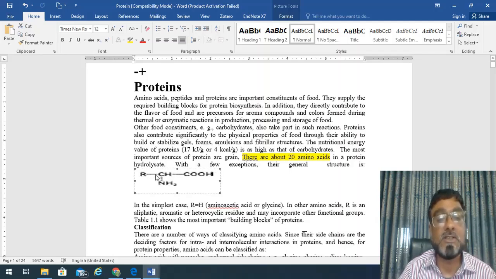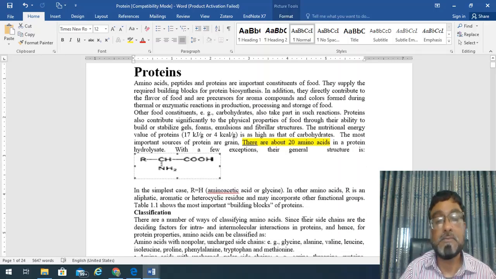This structure will be the same for all the amino acids, and there will be a difference in the R. All of the amino acids will have this basic structure, and this will be the variable R.